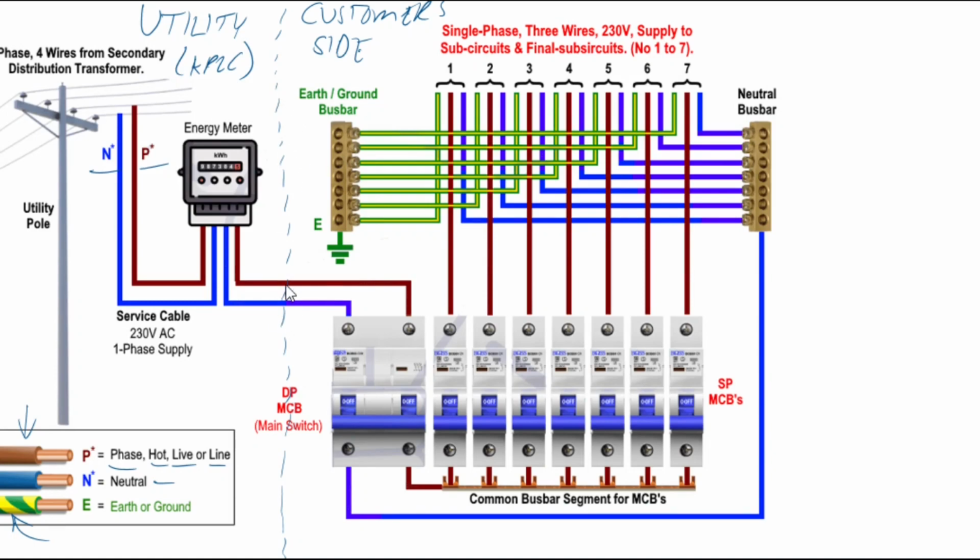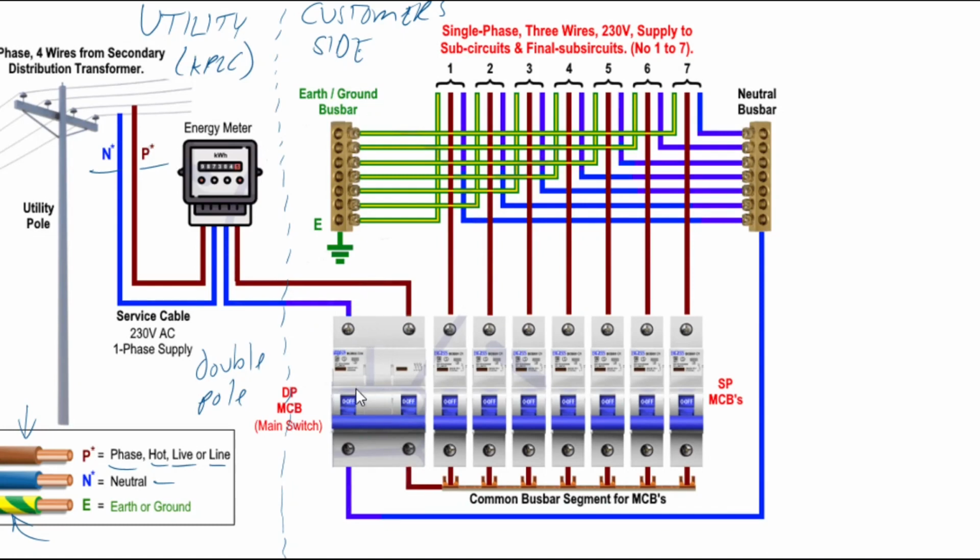Right? So now crossing over into the customer side, you first have a double pole. DP stands for double pole. We'll talk about that shortly. A double pole MCB, we already know that is a miniature circuit breaker. So these MCBs are devices that sense faults and will trip the circuit and open it so that it is disconnected from the power in the event of a fault.